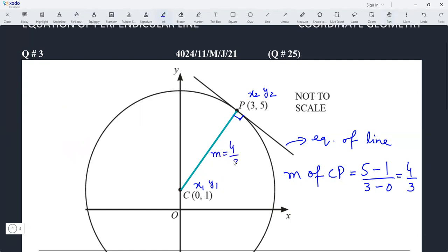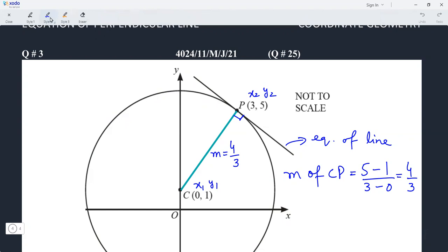So 4 over 3. What about the gradient for the perpendicular line, meaning the tangent line? It must be negative with the reciprocal. It's already positive, so the gradient must be negative, and the reciprocal of 4 by 3 will be 3 over 4. We have the gradient of the tangent line, and we have the point as well.